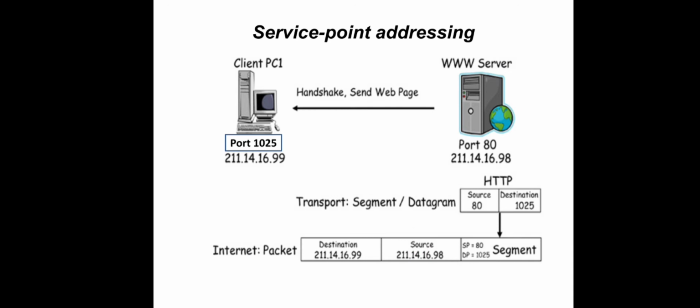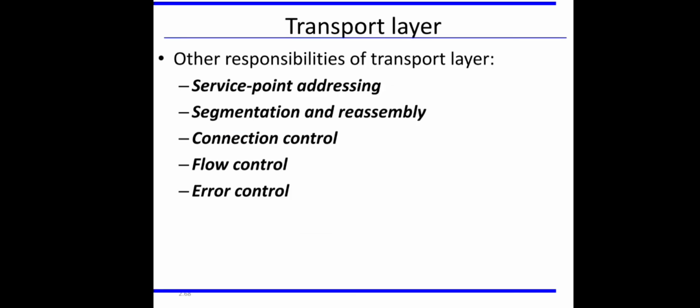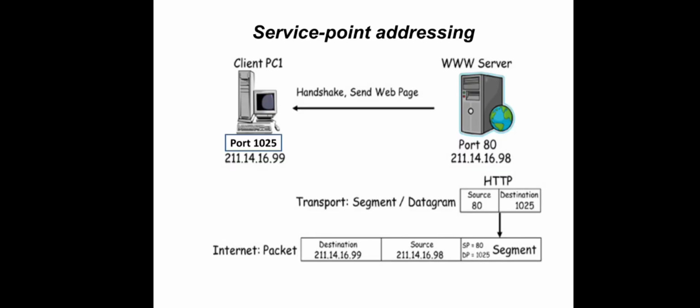Apart from that, the transport layer will attach the port number of both sender and receiver with the segments. So that is one function of this transport layer. It receives a message from the session layer, cuts it into segments, and each segment will be attached with a sequence number that will be a part of the header, and also the port number of the sender and receiver.